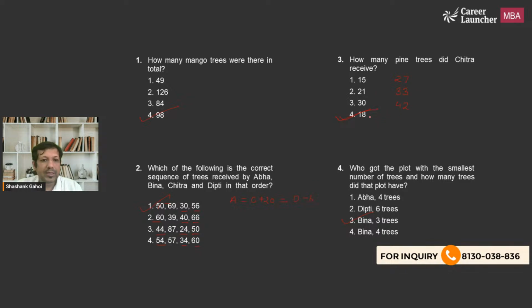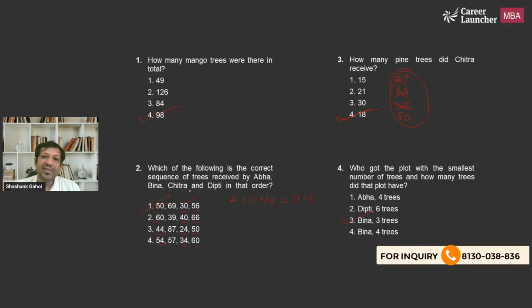And this is going to be 30. So the total number of trees received by Chitra should be one of these. 27 is not in the options, so rejected. 33 is not in the options, so rejected. 42 is not in the options, so rejected. 30 is in the options, that is option 1.